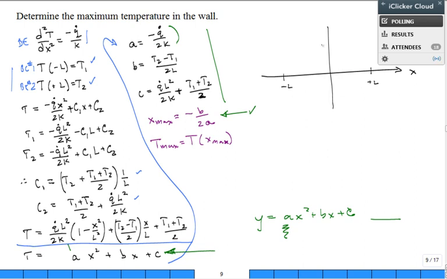What you find is that it can shift over here if this temperature T1 is greater than T2, or it can shift this way if T2 is greater than T1, wherever the maximum temperature is, on the right or on the left. All right, so that's our old friend, the parabolic equation. That's our solution.